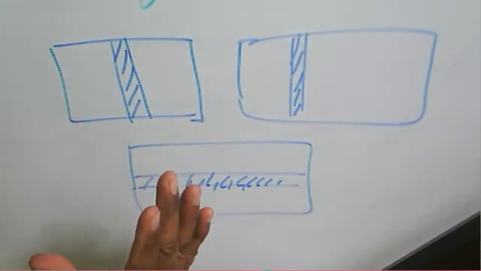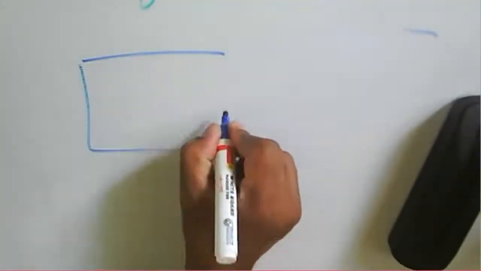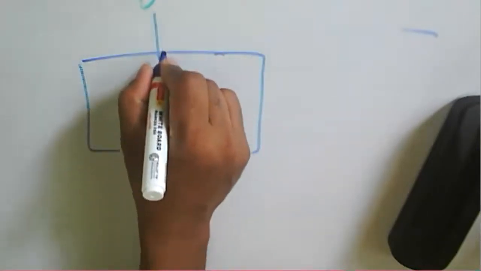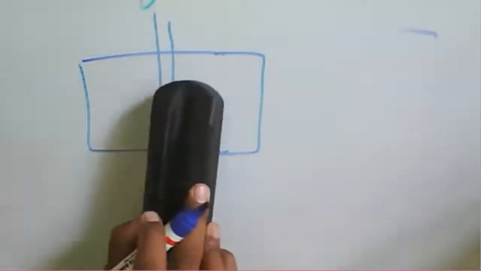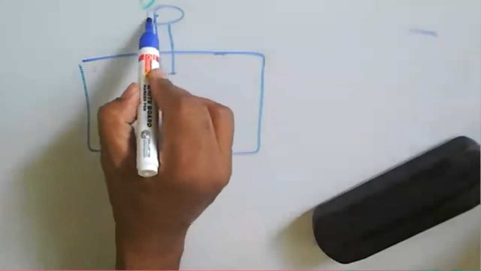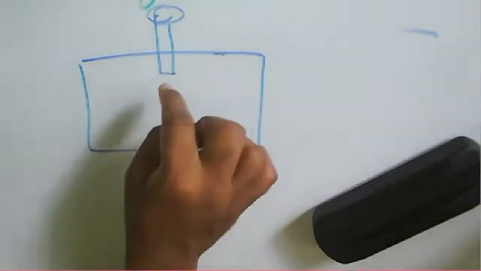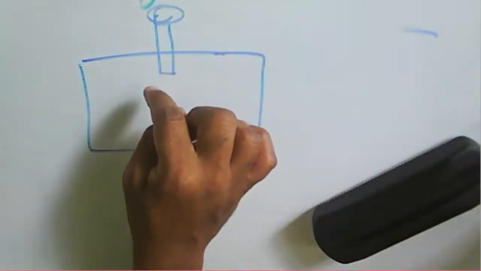If the screw is inserted slightly into the waveguide, a small section of it, what will happen? It will represent a capacitor.